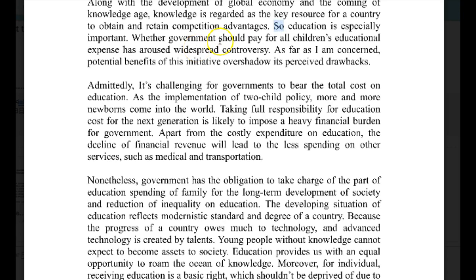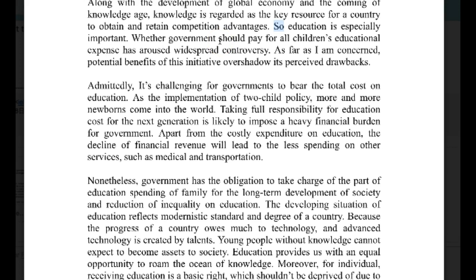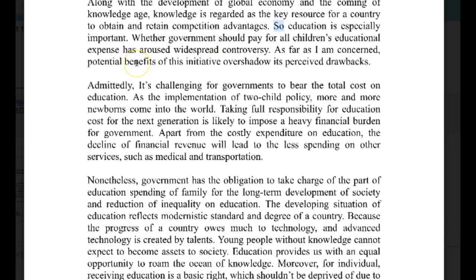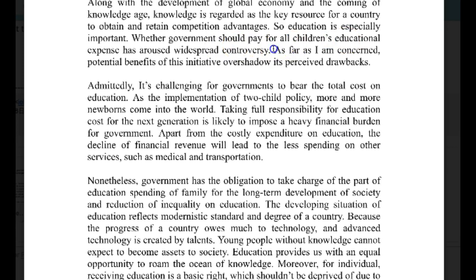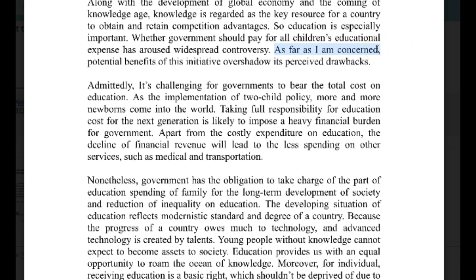Good. Whether governments should pay for all children's educational expenses has aroused widespread controversy. As far as I'm concerned, we don't need this. We could just say my opinion, comma. The potential benefits of this initiative overshadow its perceived drawbacks.